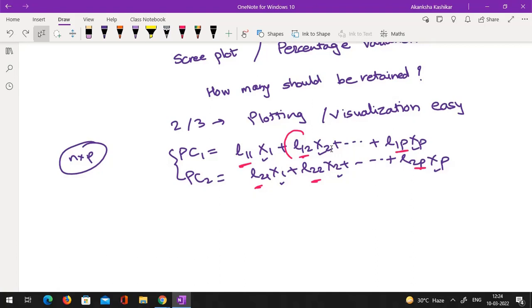Is there any way in which we can make variables unit free? In statistics, is there any way in which we can make variables unit free? Any quantity which does not depend on unit of the variables?